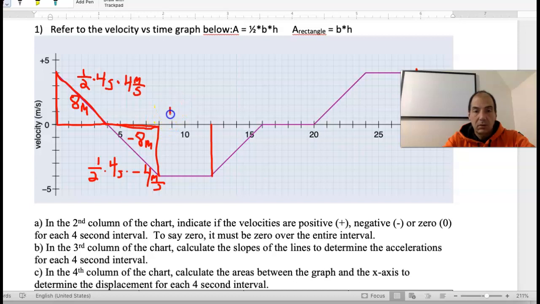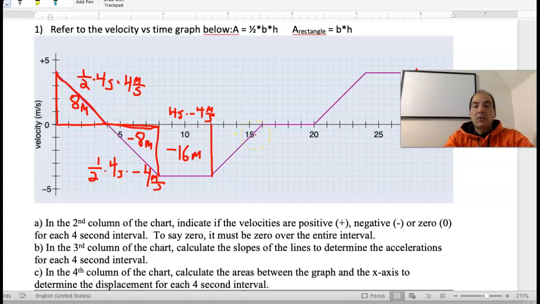We're doing 4 seconds times -4 meters per second. I'm not going to keep writing the units, that's for sure, not in draw, because I have draw challenged as it is. All right, so that means that this area is -16 meters.